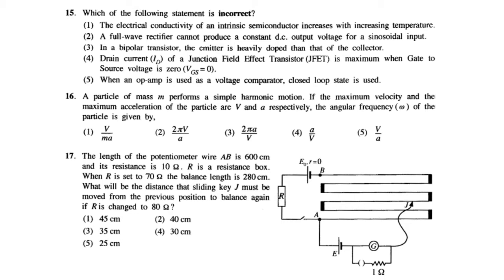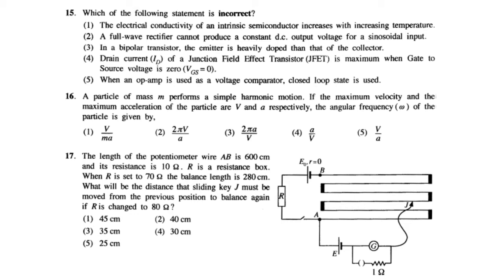Then maximum acceleration is given by capital A times omega squared, that is amplitude multiplied by the square of angular velocity. Simple A equal capital A omega squared.